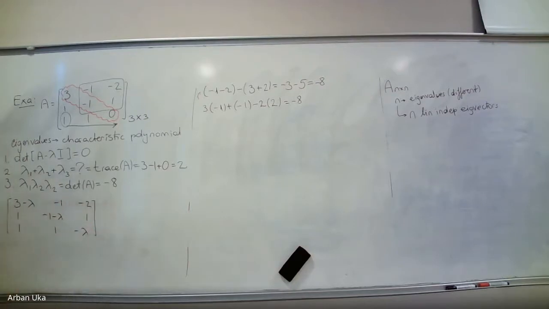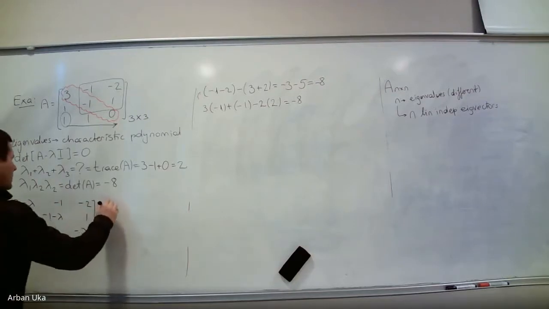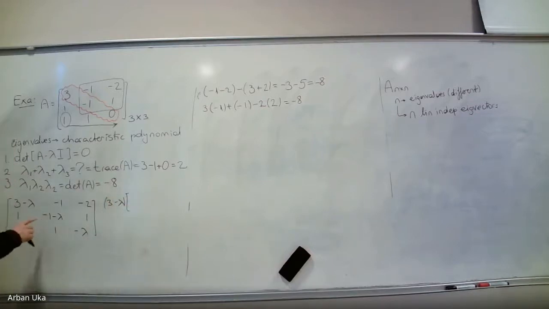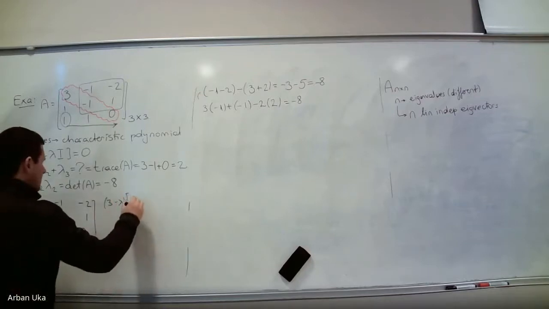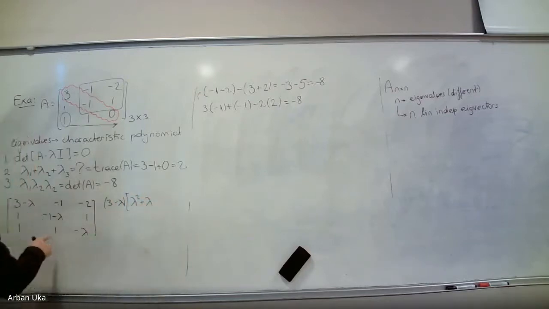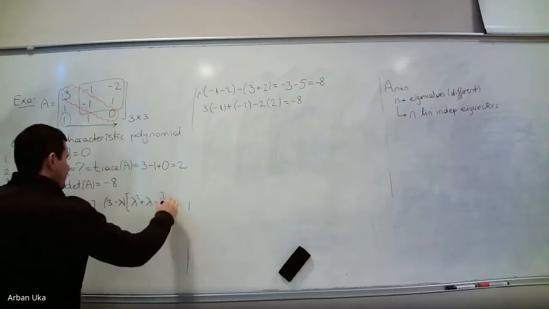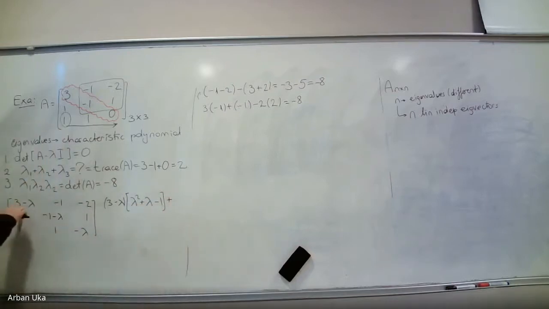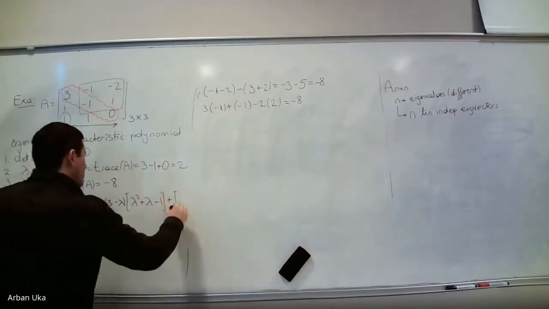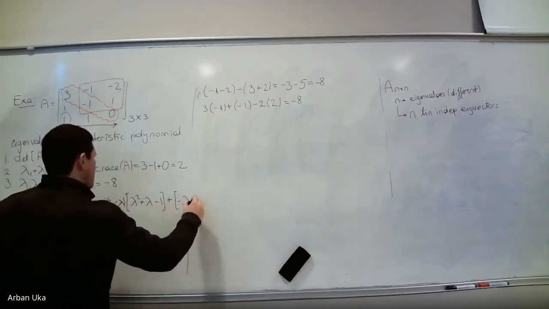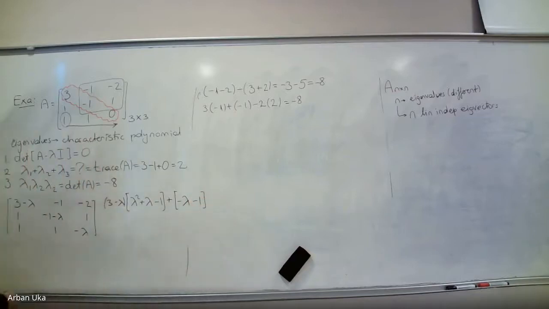So in this case, we would have the following. We would have 3 minus lambda times lambda squared plus lambda, because we multiply this together, lambda squared plus lambda, minus 1, plus, because we do the expansion along the first row, we get here plus 1, that multiplies minus lambda minus 1, minus 2.